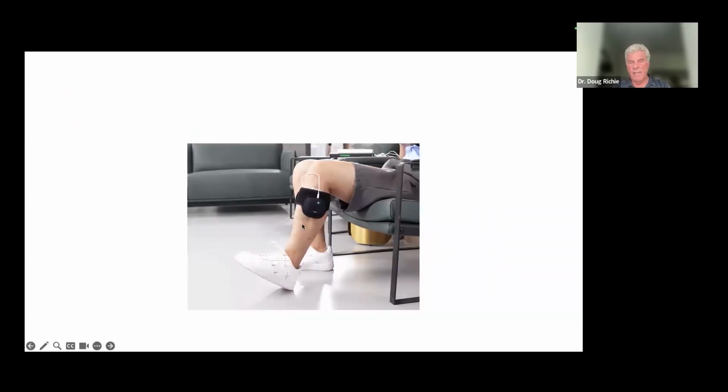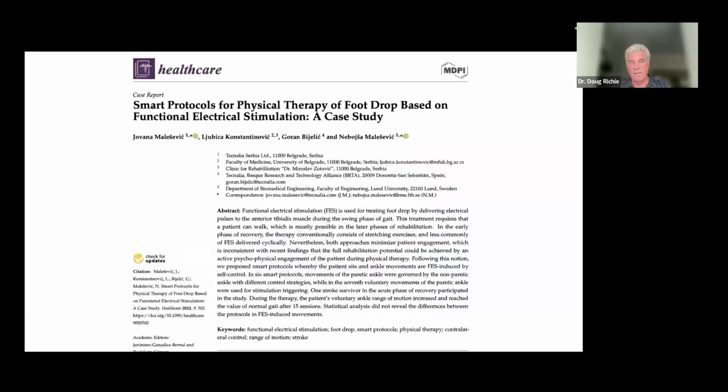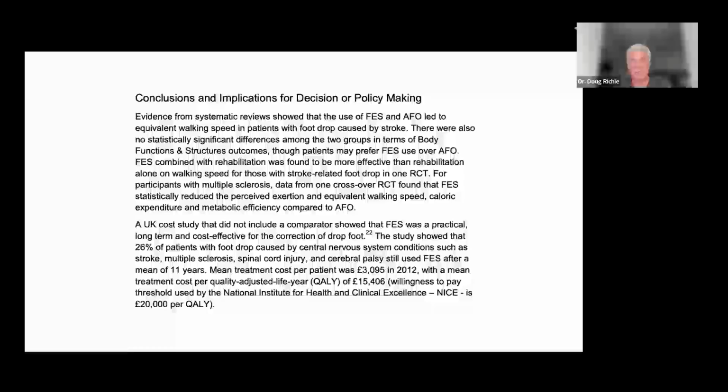So here's what one of these devices looks like. It's placed over the common peroneal nerve, and its primary purpose is to stimulate dorsiflexion during swing phase. There have been a lot of studies done on it, and the devices are remarkably effective. Patients tolerate them, and they prefer them many times over an AFO, and they're willing to wear them day to day because they're relatively comfortable.